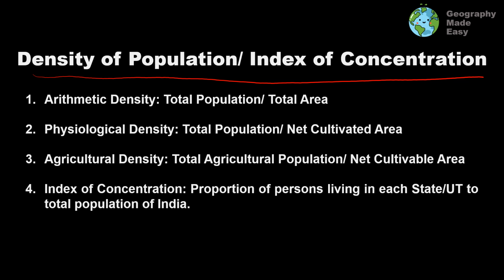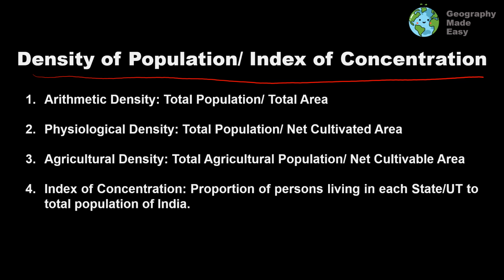We have four types of density calculation formulas. The first one is arithmetic density, then we have the physiological density, the third one is agricultural density, and the fourth is index of concentration. Each density of population formula is used for different reasons. Let us see the first one.